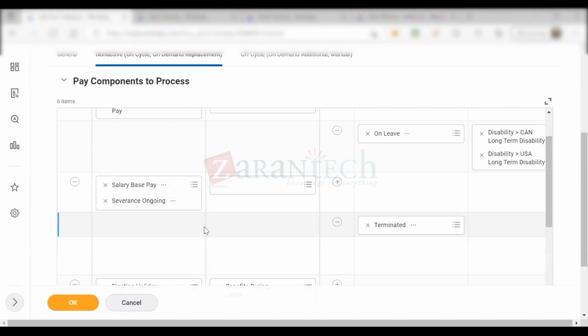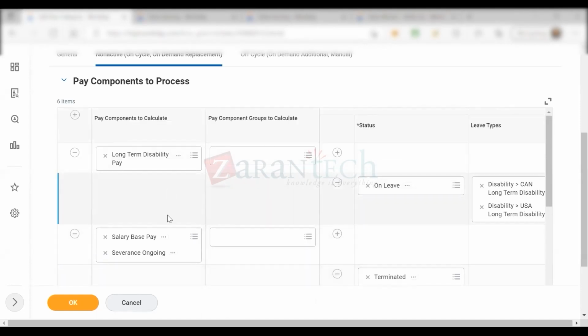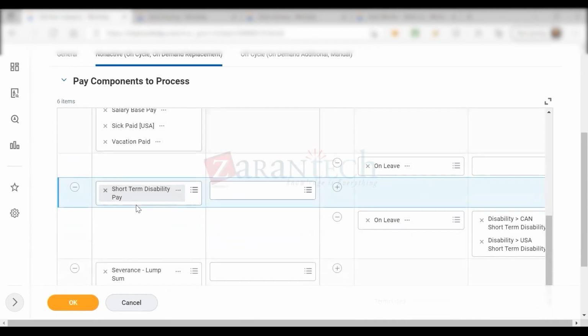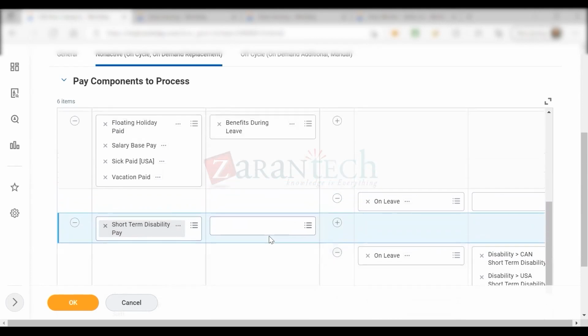Now, if I have something here, but I can still see a partial calculation, like the short-term disability earning is coming, but none of my pre-tax deductions are coming. Where will I see? I will come to this tab and see, oh, I have a row for the short-term disability earning code, but there is nothing I am calculating on the deduction side. So what I will do, I will put something as a pay component group called pre-tax.